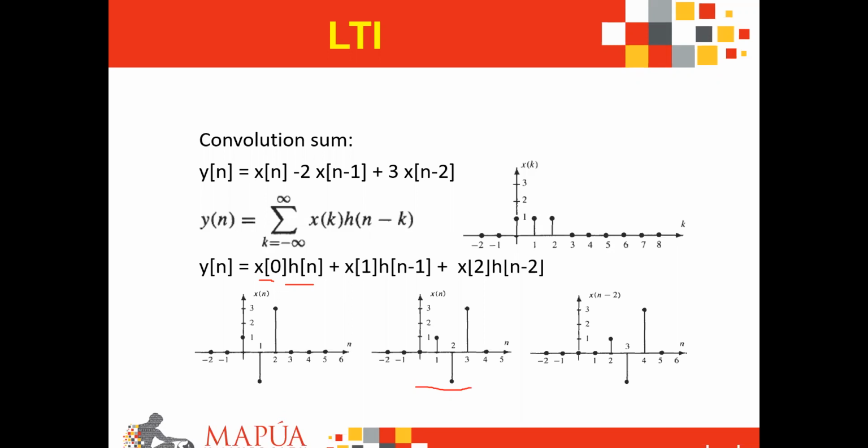Kasi time invariant siya, remember? So, if it's time invariant, the value will not change even if you shift the values. Nakita ba? Okay. So, now that I have these shifted values for my impulse responses, I then apply the technique called the convolution sum.